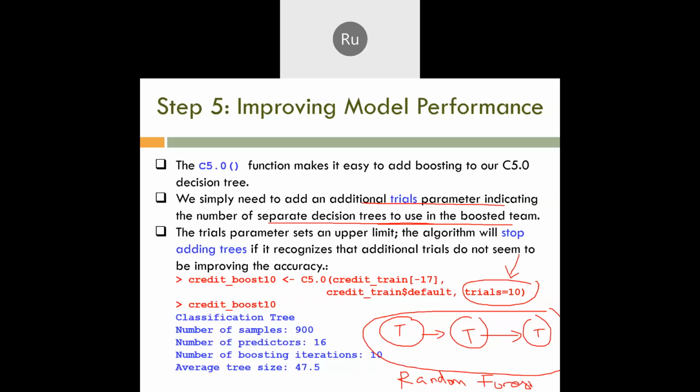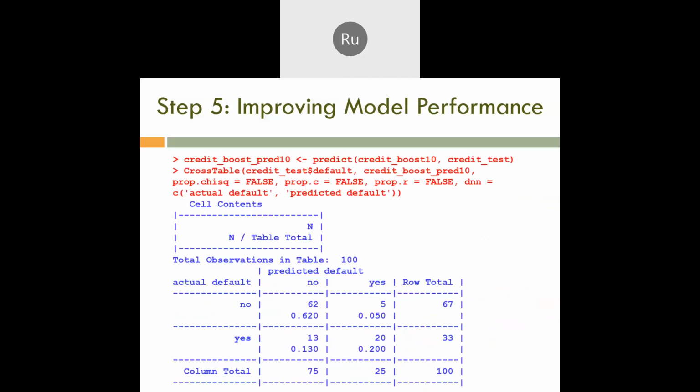So if we compare the performance of having 10 trees, now we only have 18% as your error, and your accuracy will be 82%.